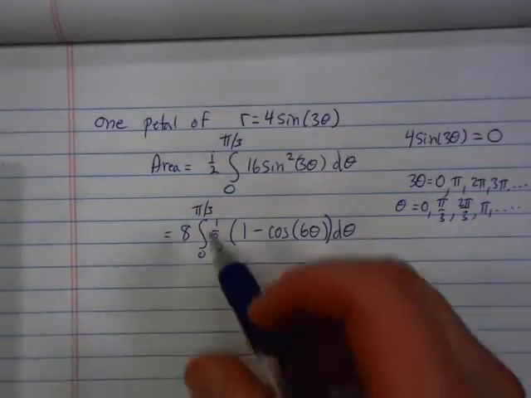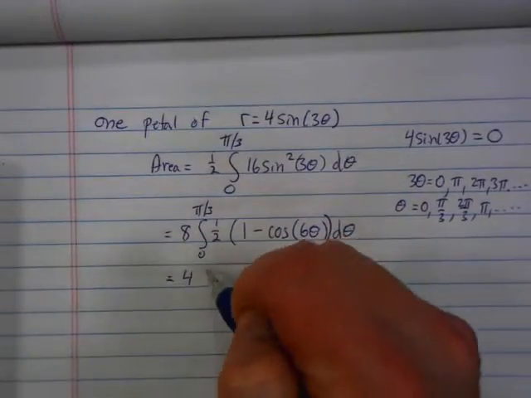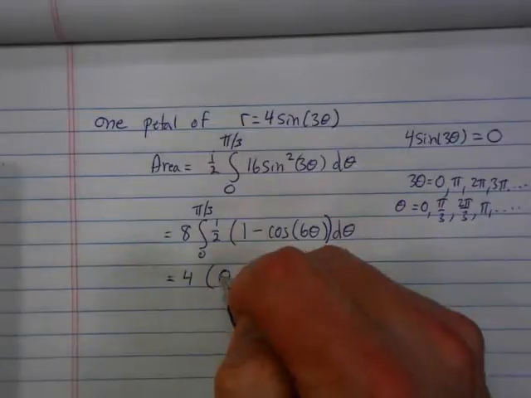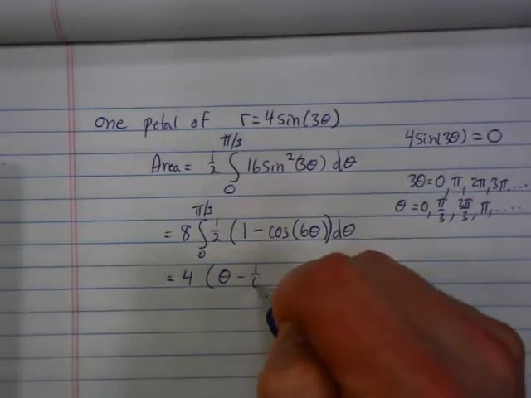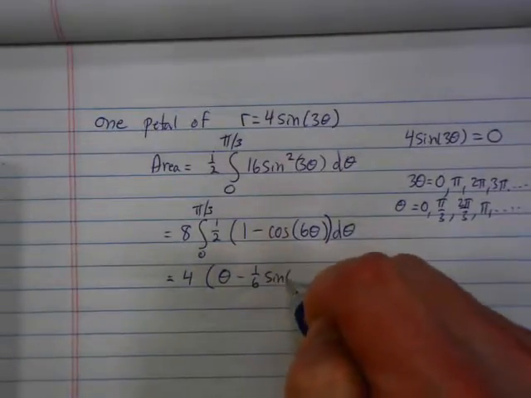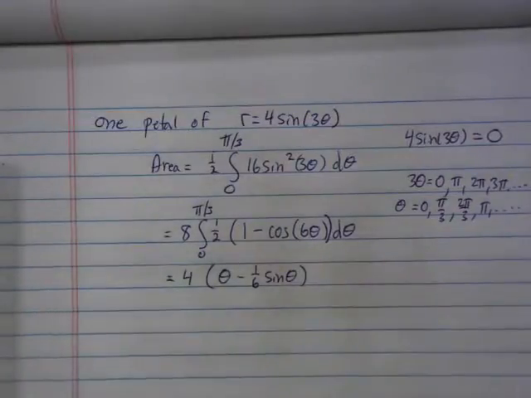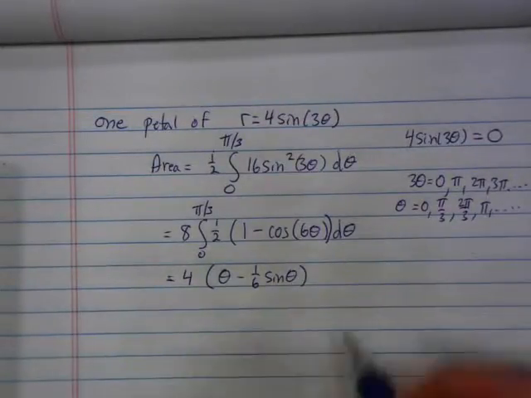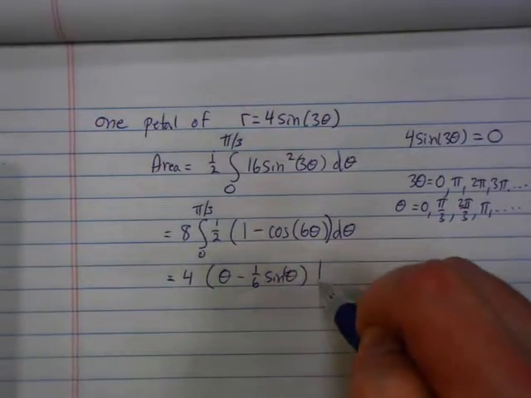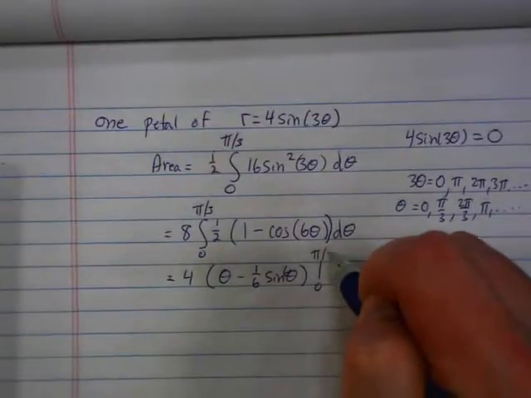8 times a half is 4, times, I integrate, I get theta minus 1/6 sine 6 theta, I'm sorry. And then I've got to plug in 0 and pi over 3.